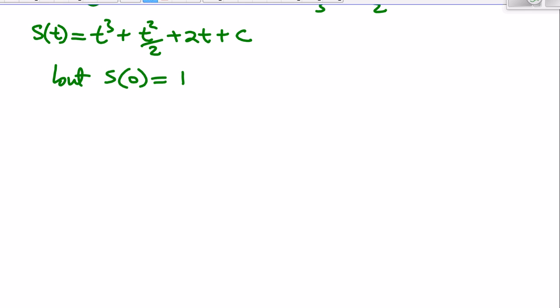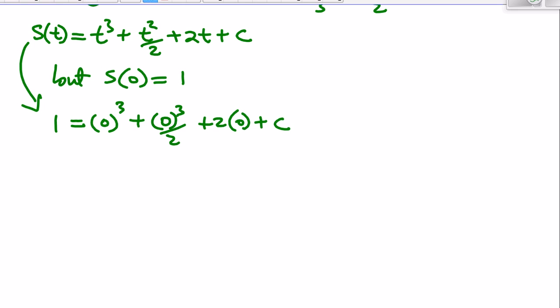So we'll just set this up to say 1 is equal to 0 cubed plus 0 cubed over 2 plus 2 multiplied by 0 plus c, which means that c is equal to 1.